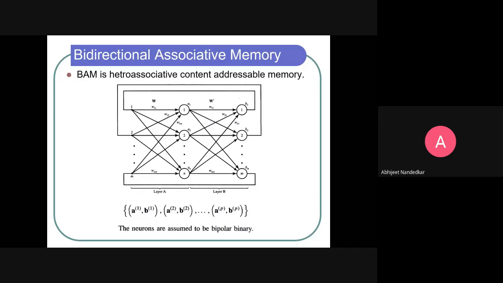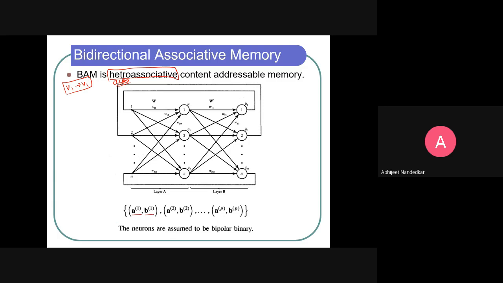Now, this is the advancement of Hopfield called bidirectional associative memory. It is a heteroassociative content addressable memory. Earlier it was auto-associative, that means, as I said, V1 is associated with V1 itself. Now here, that is not the case. You can see at the bottom that vector A1 is associated with vector B1.